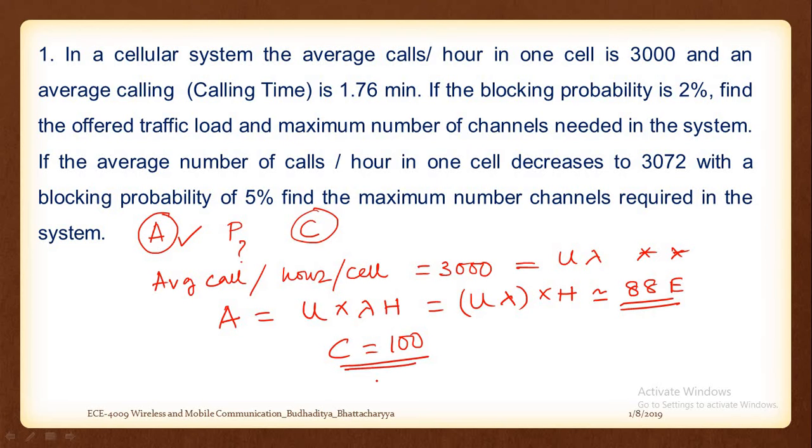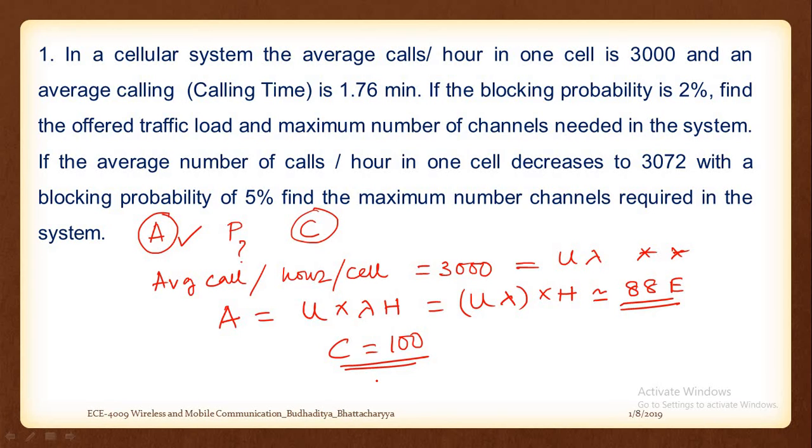If you have 100 channels and the respective specifications, then you can provide an intensity of 88 Erlang. Now the question is, if the number of calls increases to 3072.